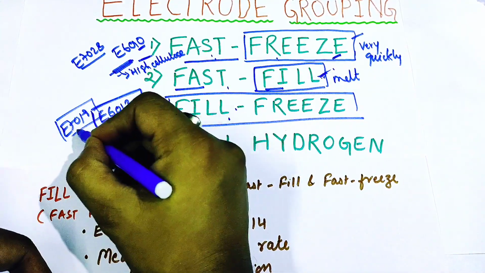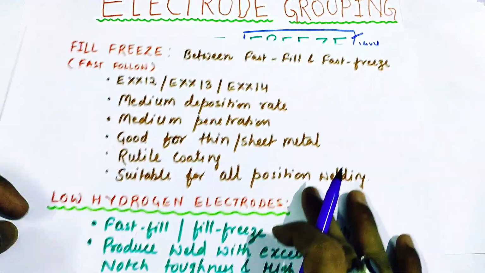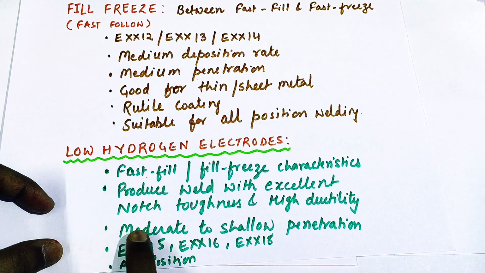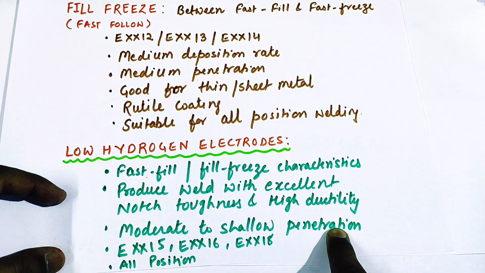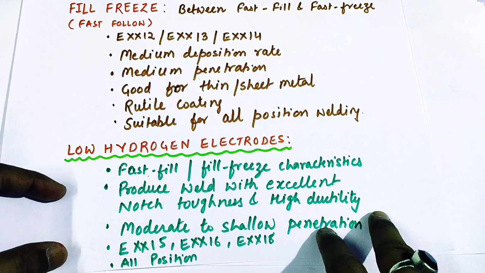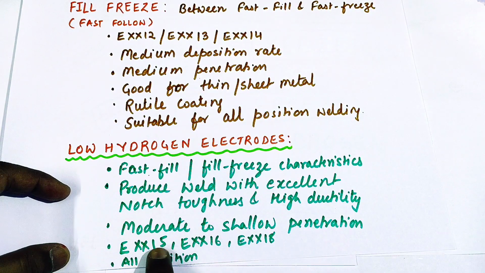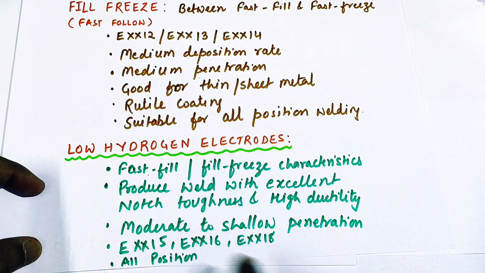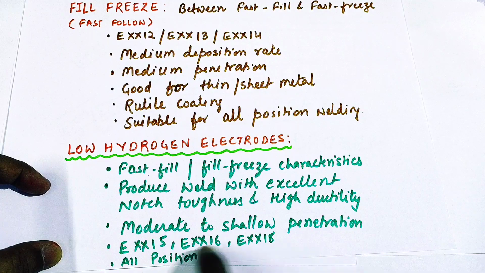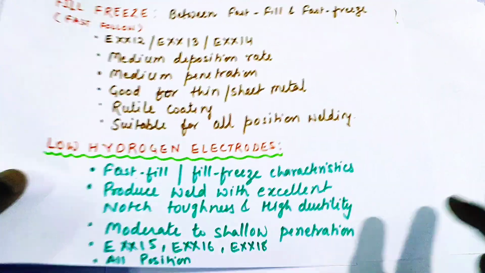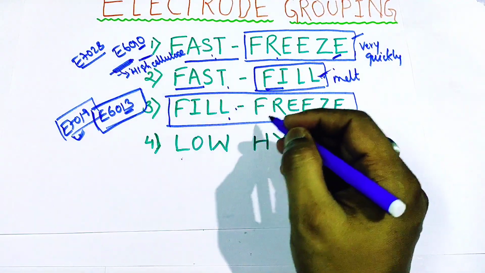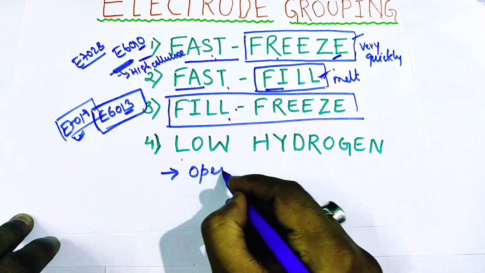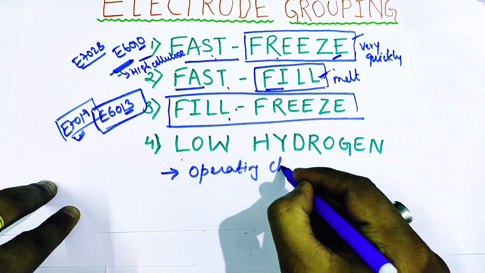If we talk about penetration, then the penetration is moderate to shallow, and the electrodes which come under low hydrogen are having 15, 16 or 18 at the end, and these electrodes can be used in all position. So friends, these are the groupings of electrodes, and this grouping is based on operating characteristics.